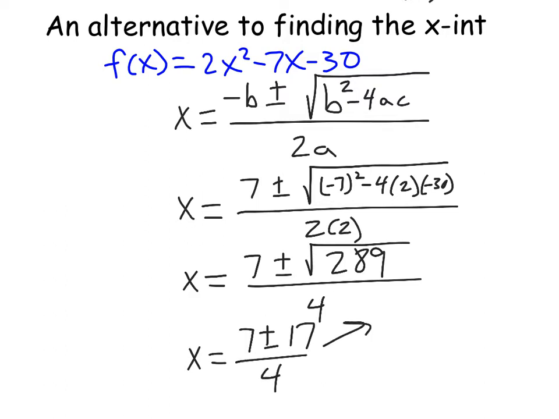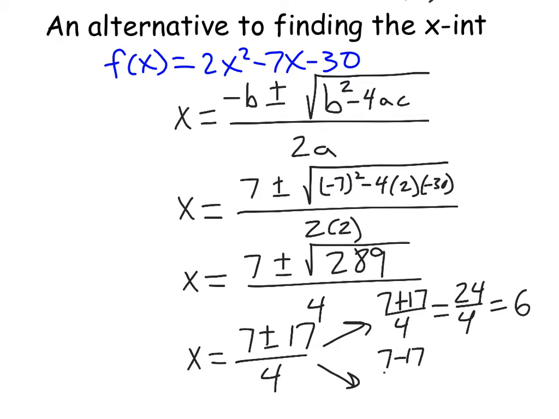So this will give us 2 solutions, right? The first would be 7 plus 17 over 4, which would be 6. The other would be negative 10 over 4, or negative 2.5. Okay?